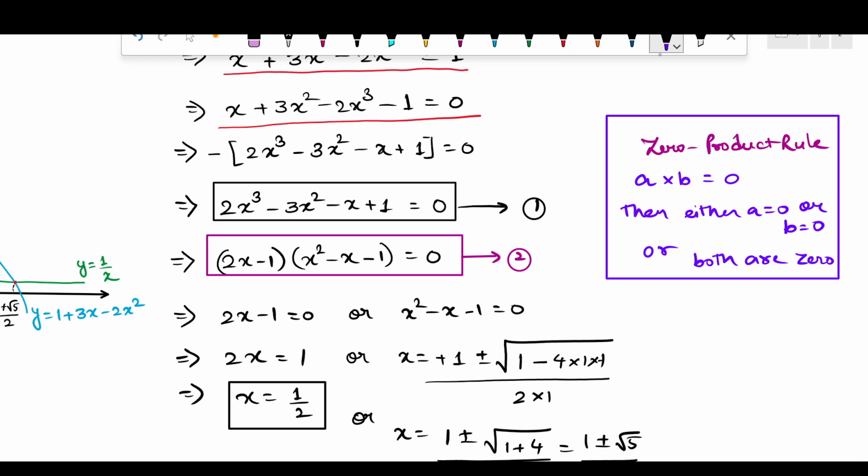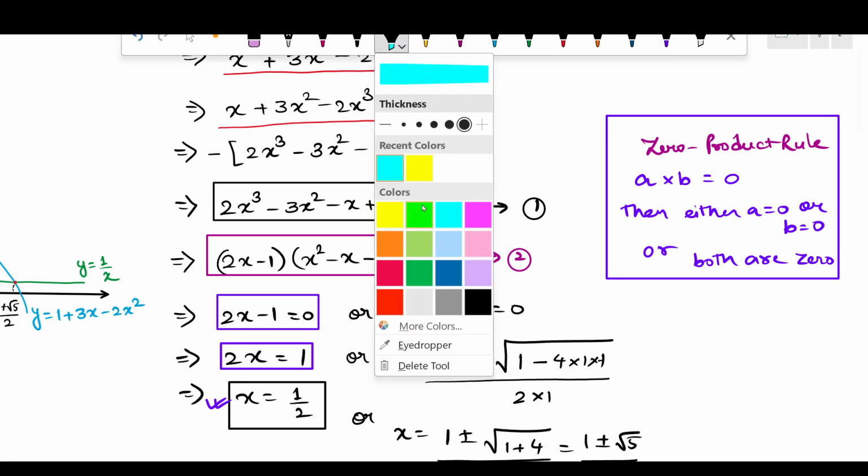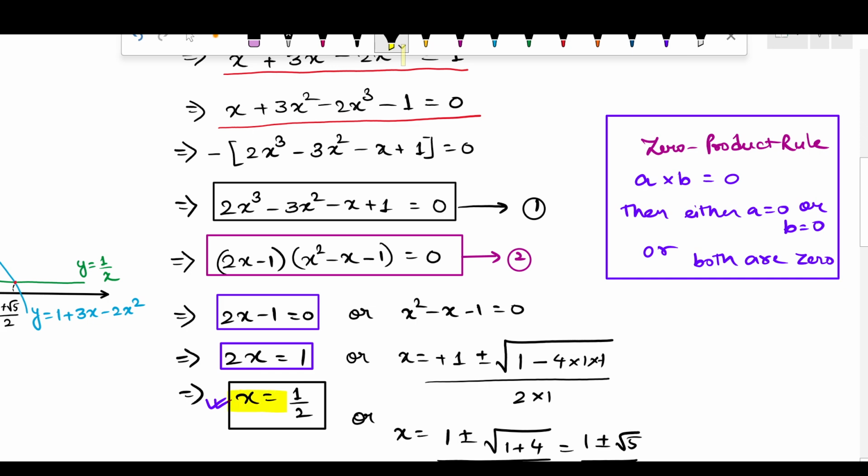Now we have 2x - 1 = 0, or 2x = 1, or x = 1/2. We were given that (1/2, 2) was an intersection point. We wanted to find the other intersection point. For that we need to solve x² - x - 1 = 0.